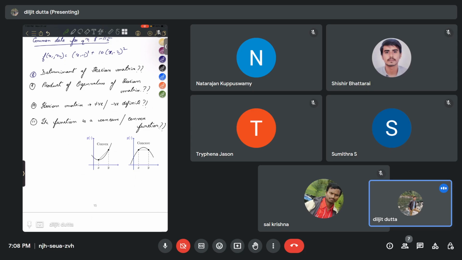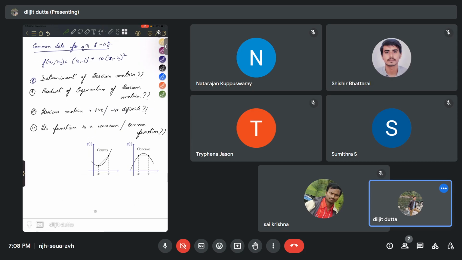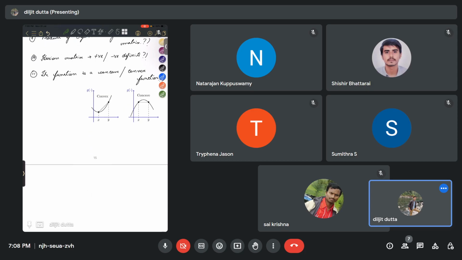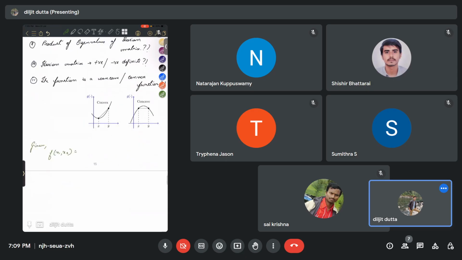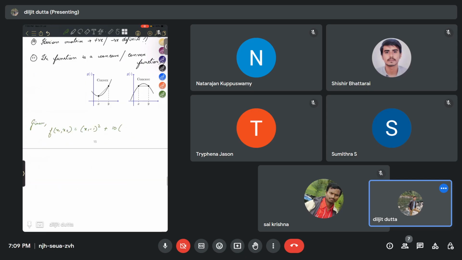So for the first question, we will have the function and try to solve it. f of x1 x2 is equal to (x1 minus 1) whole square plus (x2 minus 2) whole square.